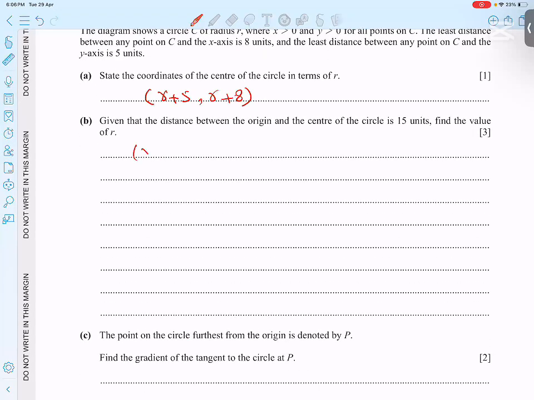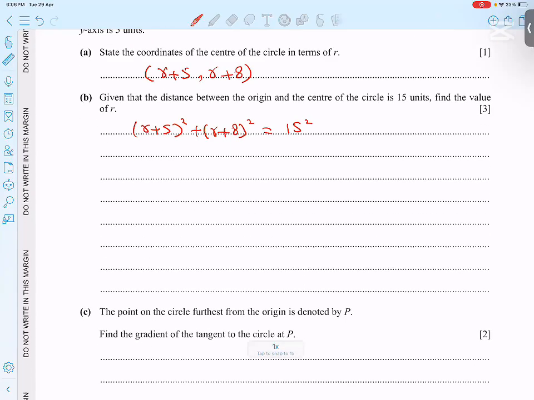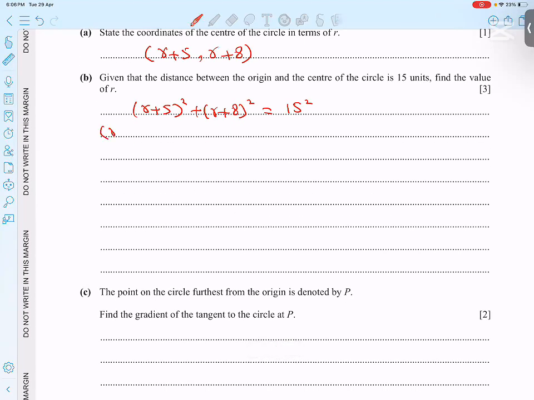So I can say (R plus 5) whole square plus (R plus 8) whole square equals to 15 to power 2. And I will use it, Pythagoras theorem: R to power 2, plus 2 times R into 5, plus 5 to power 2, plus R to power 2, plus 2 times R into 8, plus 8 to power 2, equal to 15 squared. So I hope so up till here is clear.